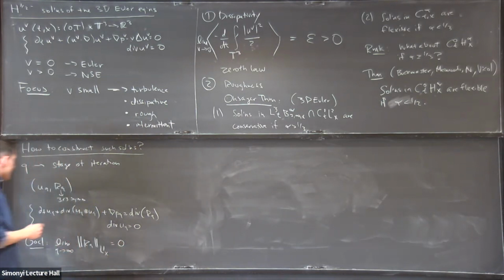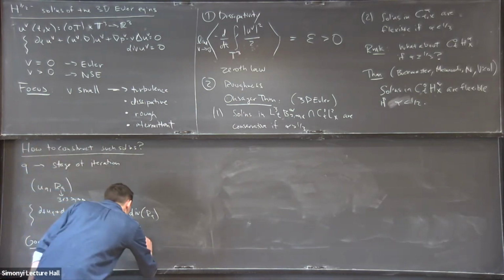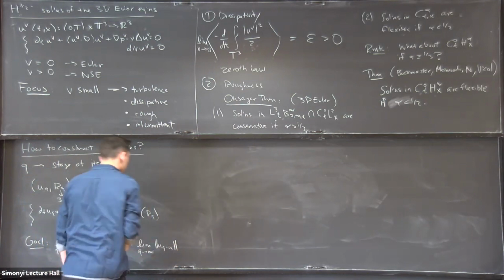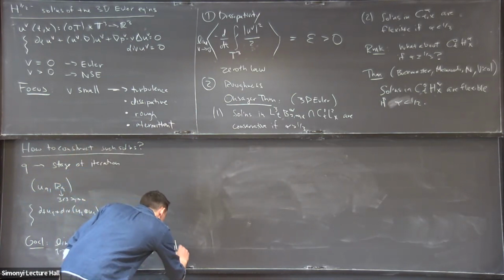I should have that this is equal to 0, and I should also have that UQ converges to some limiting function U, let's say in the C0TH alpha topology.